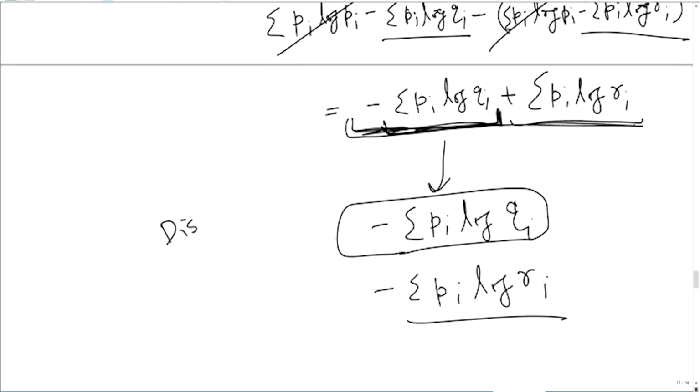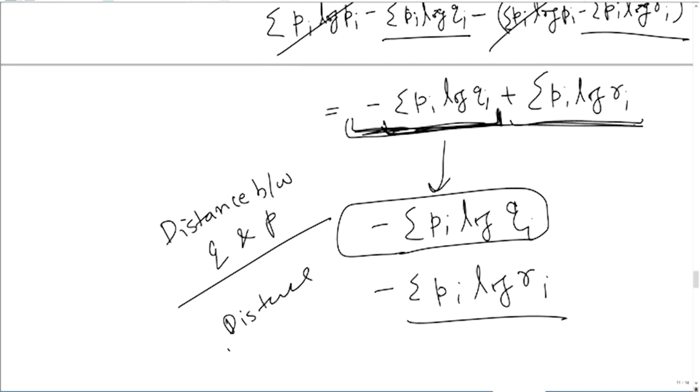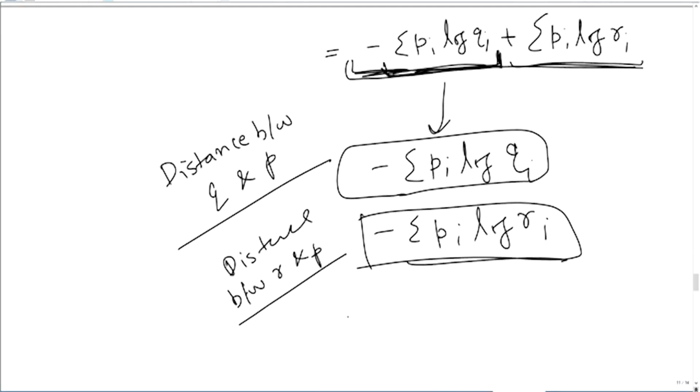In a way this gives you the distance between Q and P. It's actually a relative distance, because it's relative to R, so it's not an absolute distance, and this gives you a measure of distance between R and P. Now if this negative term gives you distance, then this distance needs to be minimized if the model is closer to the truth. If Q is close to P, then this distance will be minimized.